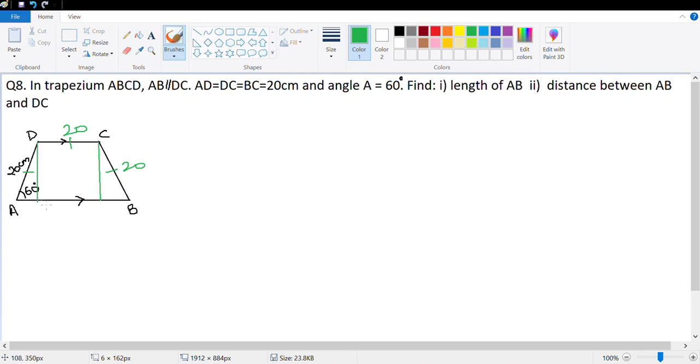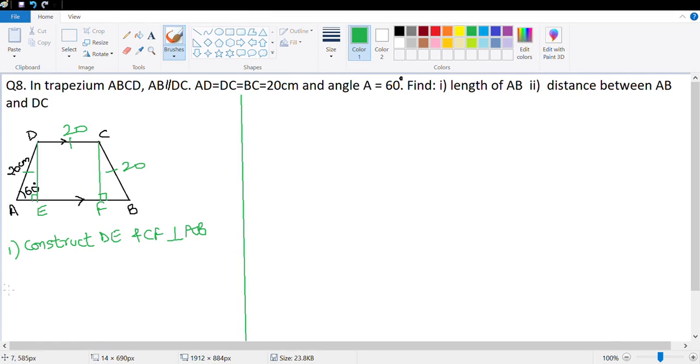Again, we'll divide this shape into 3 parts. Let this be E, let this be F. So I have 2 right triangles and I have a rectangle. Let's just write this down. So construct DE and CF perpendicular to AB.